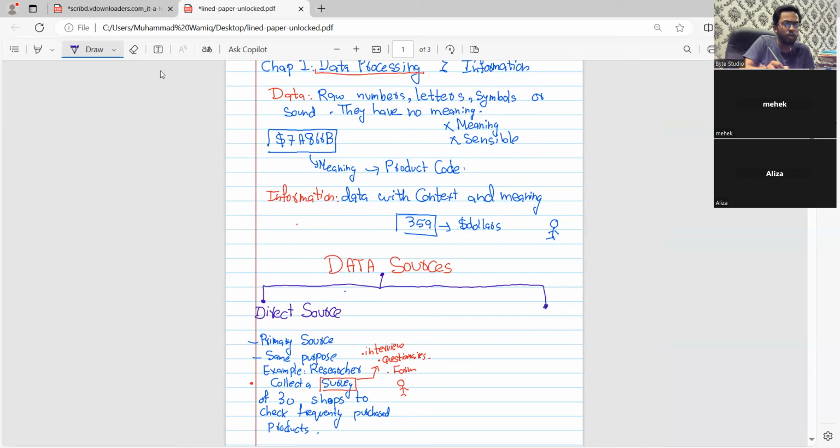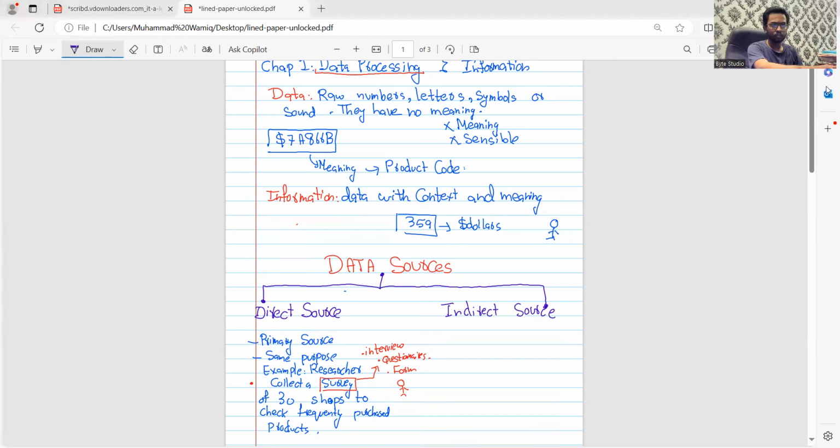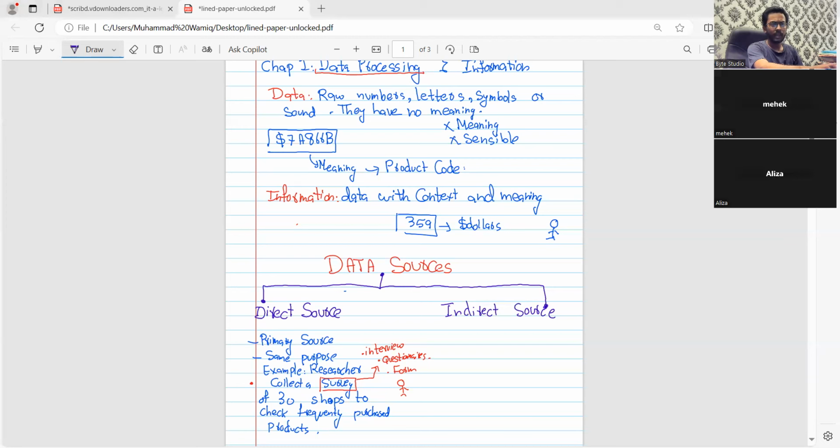So, are you able to differentiate between a direct and an indirect source? The first thing is that your concept should be clear, so that even if there is any other question, you can respond to it easily. A direct source is something that you ask yourself, but an indirect source is something like what Aliza said, social media, where I cannot ask that person.